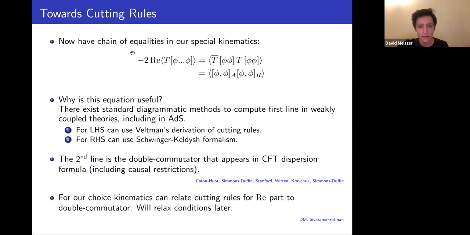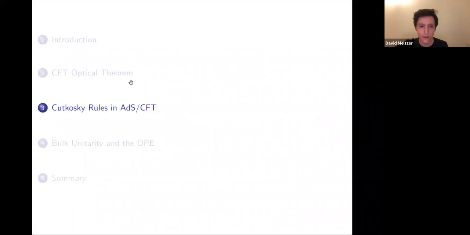And so now the idea is, with our special choice of kinematics, we're going to relate the cutting rules for the real piece to the double commutator. And later I'll explain how to relax these conditions. And this is related to the stuff I just mentioned about why Polyakov was interested in the double commutator. So now I can explain or get to the Kutkowski rules in AdS.